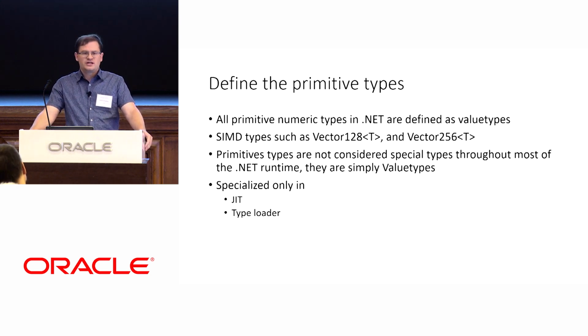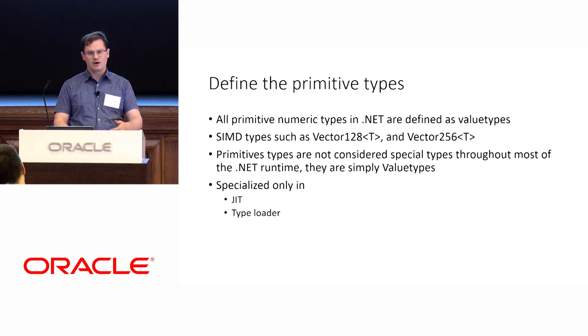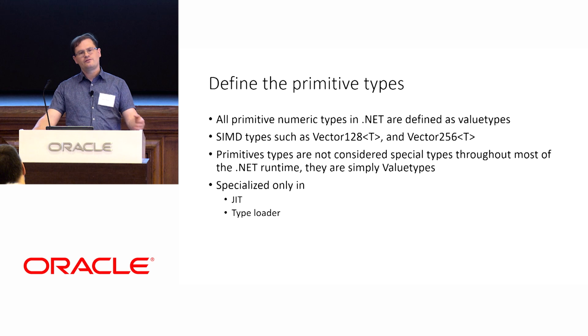We specialize them in the JIT, in the IL, in a couple places, in the metadata, so we can load types. We ask the question of what is this type, how do we define it in our file format. We have some specialization for primitive types, but not that much. And then you'll find throughout various libraries, sometimes value types will be specialized, or primitive types will be specialized, but typically they don't have to be.